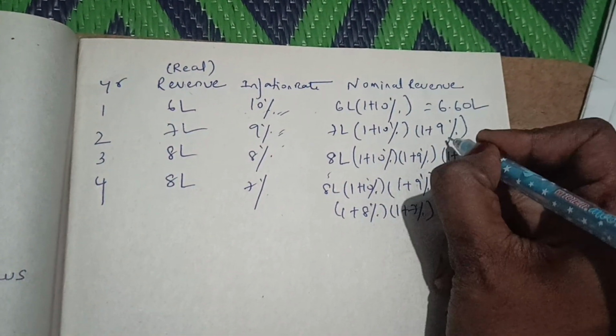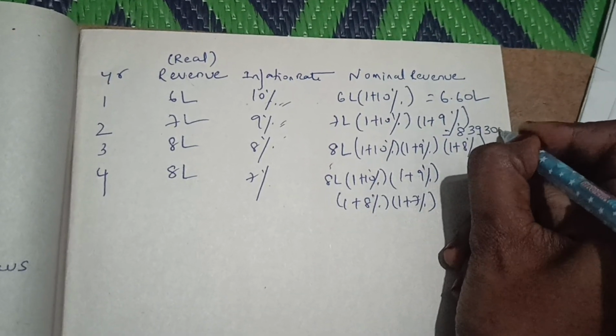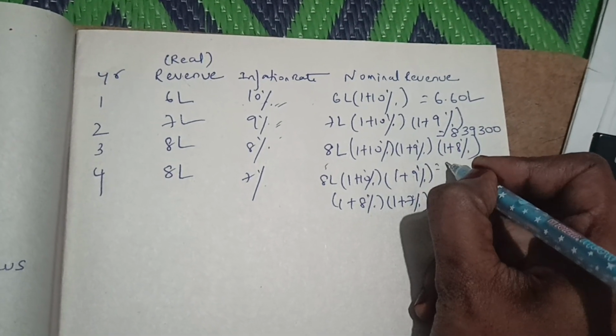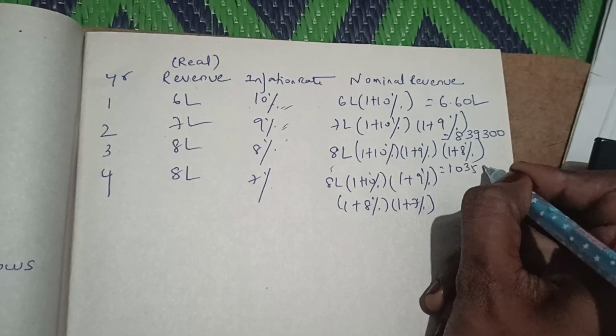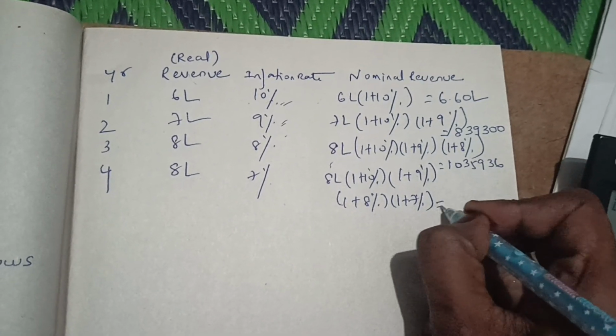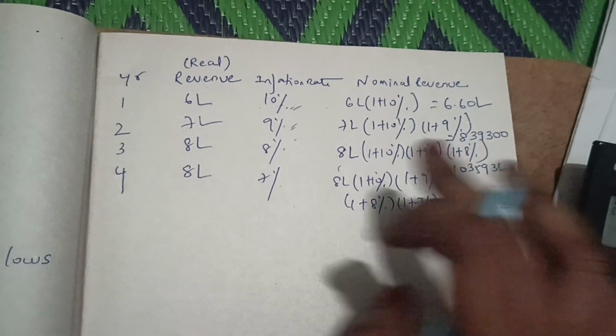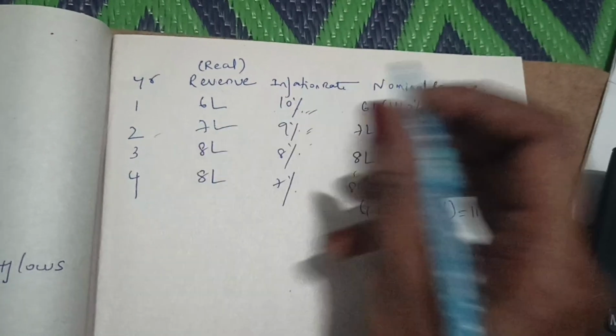For the second year, it will be 8,39,300. For the third year, it will be 10,35,936. For the fourth year, it will be 11,08,452.